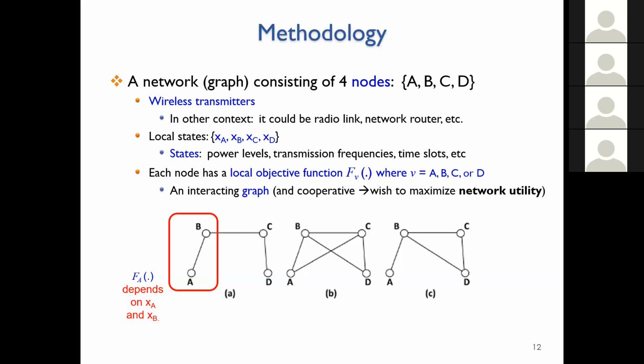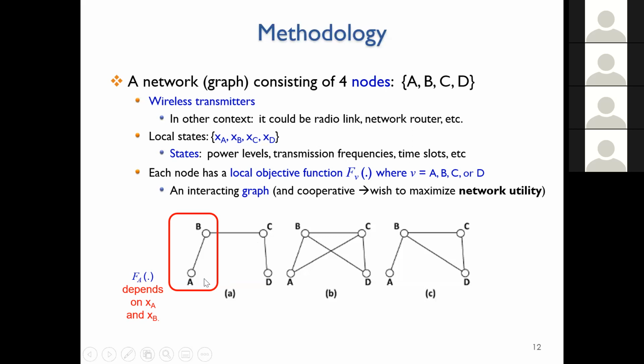Now you would like to define your local objective function for A, or associated with A. We use, for example, FA, FC, FD to represent these local objective functions.